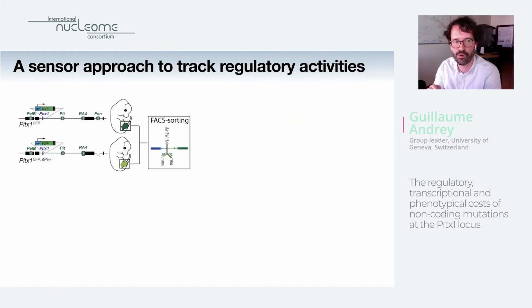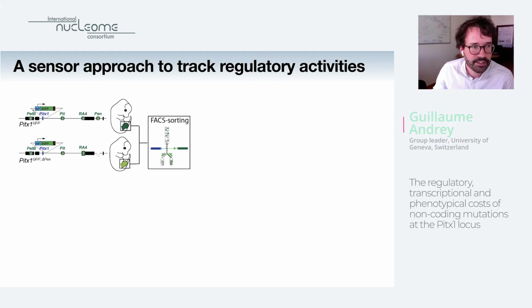So this is the first approach we use to understand what happens upon the deletion of an enhancer. The second approach, which enables us to go more deeply into the chromatin biology of these cells, is the very simple integration of a cassette directly upstream of the gene Pitx1. We also do it for other genes in the lab.